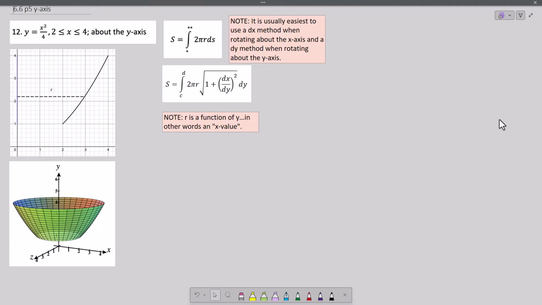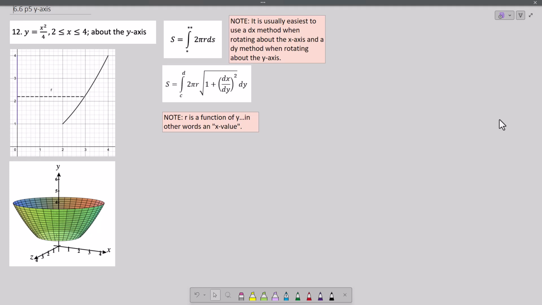It is possible, if you're really good at the shell method, where you have 2 directions happening simultaneously, to rotate around the y-axis and use a dx, and rotate around the x-axis and use a dy. It's possible. But in practice, it's just easier. If you're rotating around x for surface area, go with dx. Rotating around y, go with dy. It's just going to be easier.